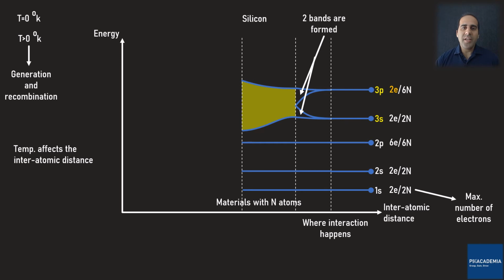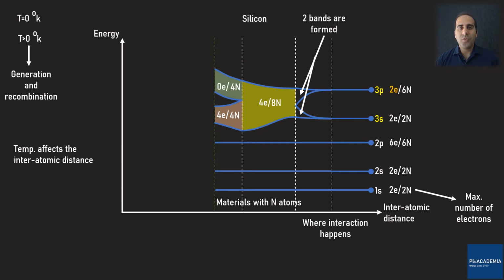In the merged area, the total number of states is 8n. 4 states of 8n's are filled in this area. When the interatomic distance is further reduced, the band splits. This time, the number of states for both the upper and lower bands is 4n. All the states in the lower band are filled, however, all the states in the upper band are available.